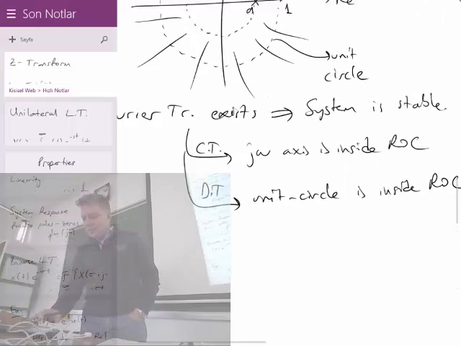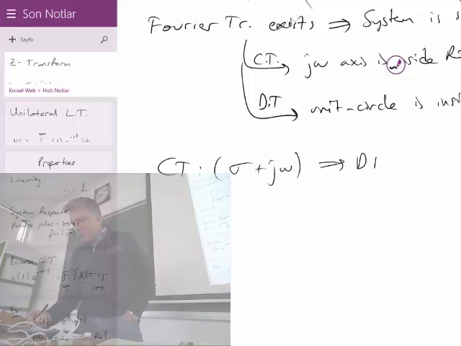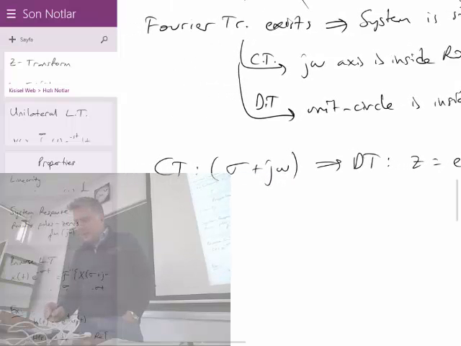So in continuous time, we have sigma plus j omega converted to discrete time. z is equal to e to the sigma plus j omega.